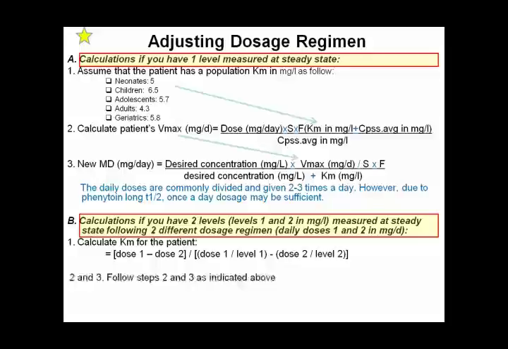Then we use this Km to estimate or calculate Vmax and new maintenance dose as previously described in steps above in A.